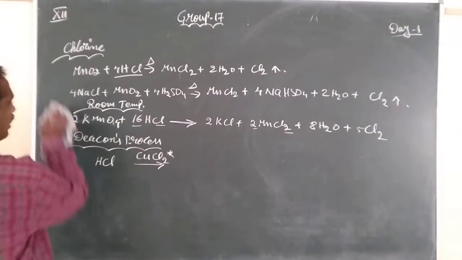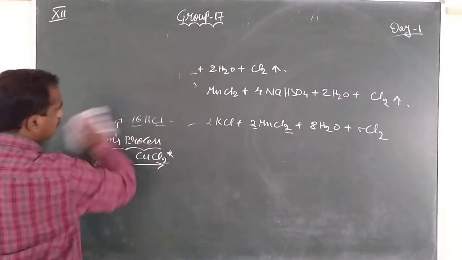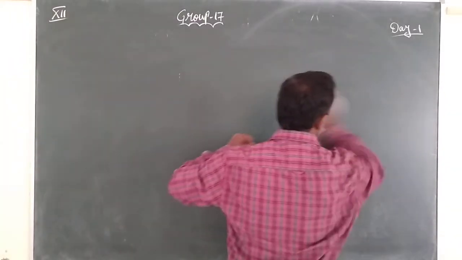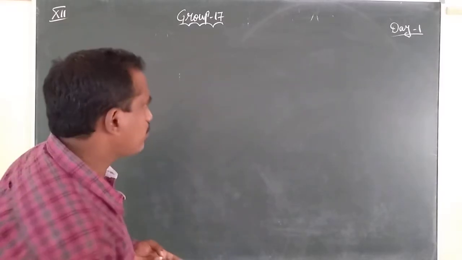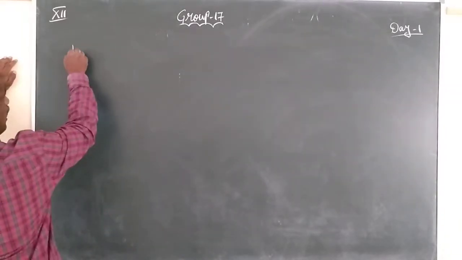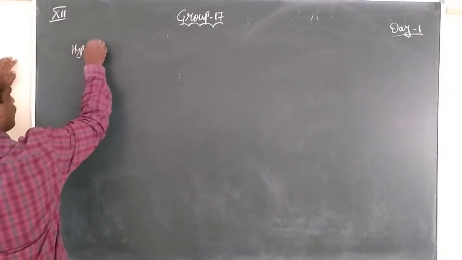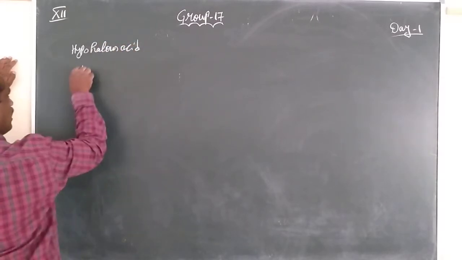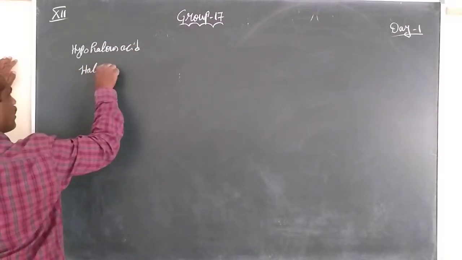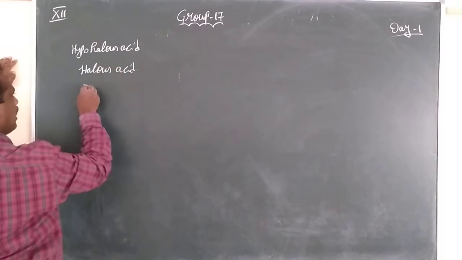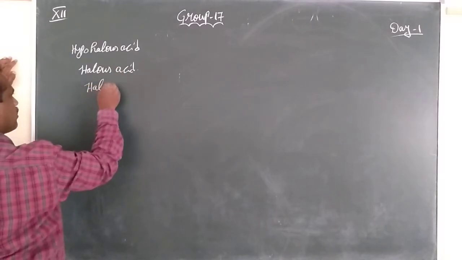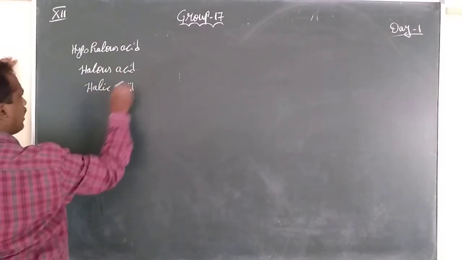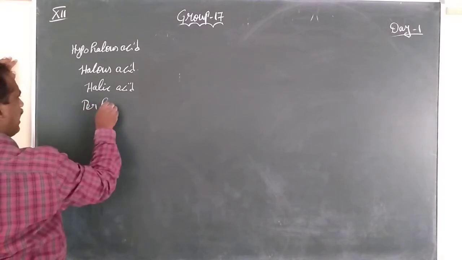What is the concept regarding the oxoacids of these halogens? According to the textbook, a very simple topic is given: hypohalous acid, halic acid, and the perhalic acid.